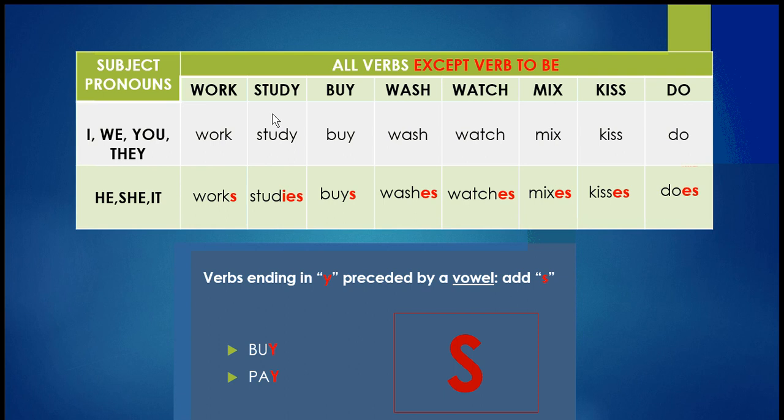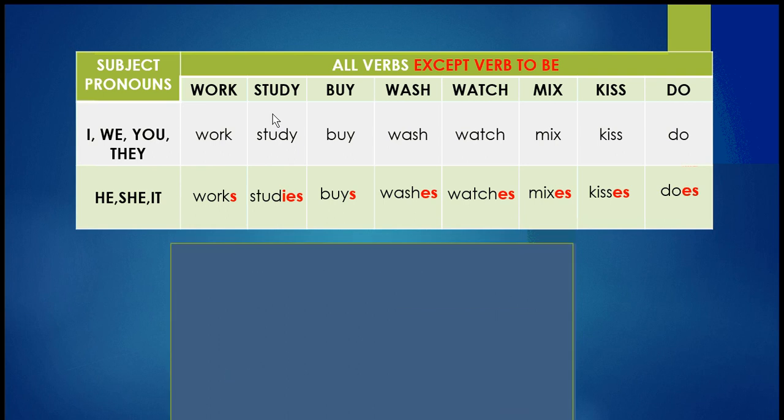Okay, we have another group of verbs ending in different consonants. For example, wash, washes, watch, watches, mix, mixes, he kisses, he does, she does, it does.